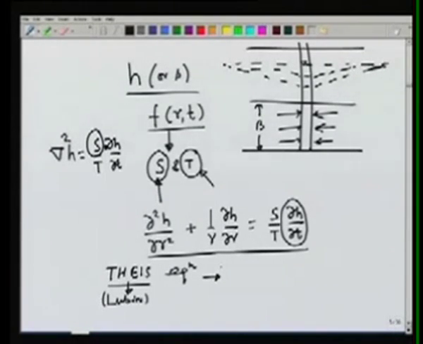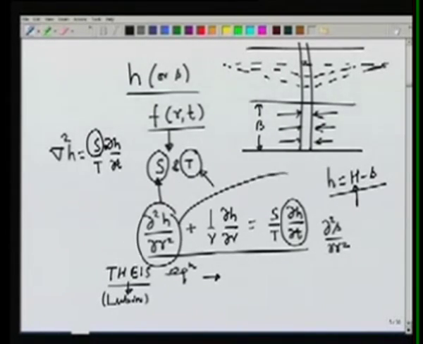which relates S, because as we know h is H minus S, H is a constant, so the same equation can be written in terms of the drawdown. For example, if we take this term, it can be written as minus, because h is capital H minus S and capital H is a constant, it is independent of r.